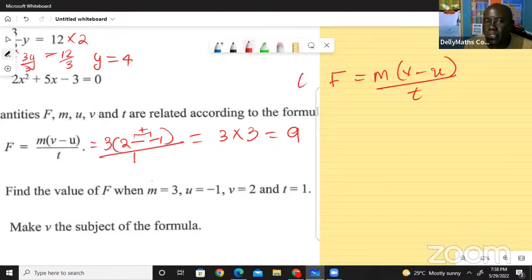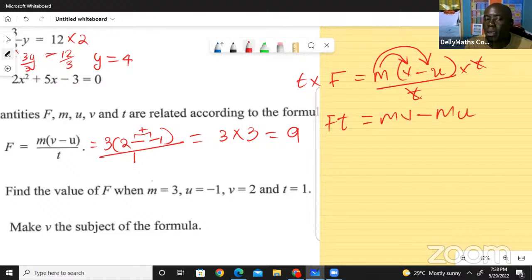I'm going to multiply both sides by T in order to cancel this T. So now I have FT, which is equal to M times this. I'm going to distribute the M inside right now. So you're talking about MV minus MU.